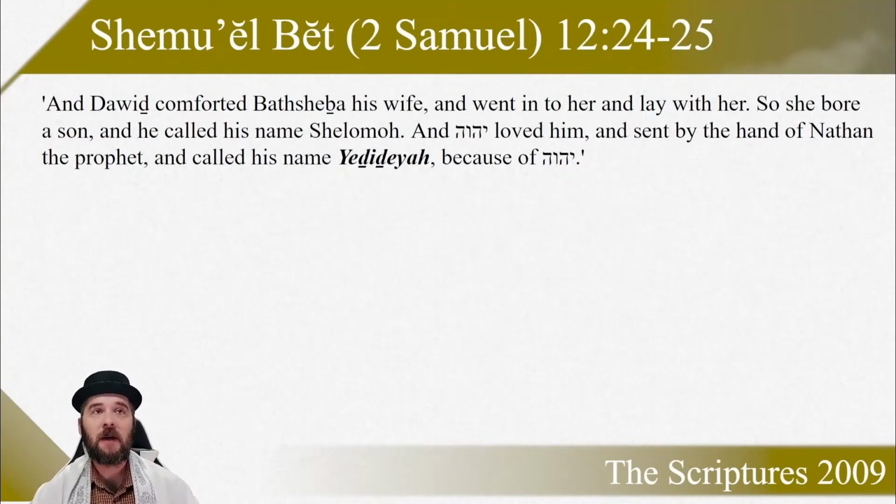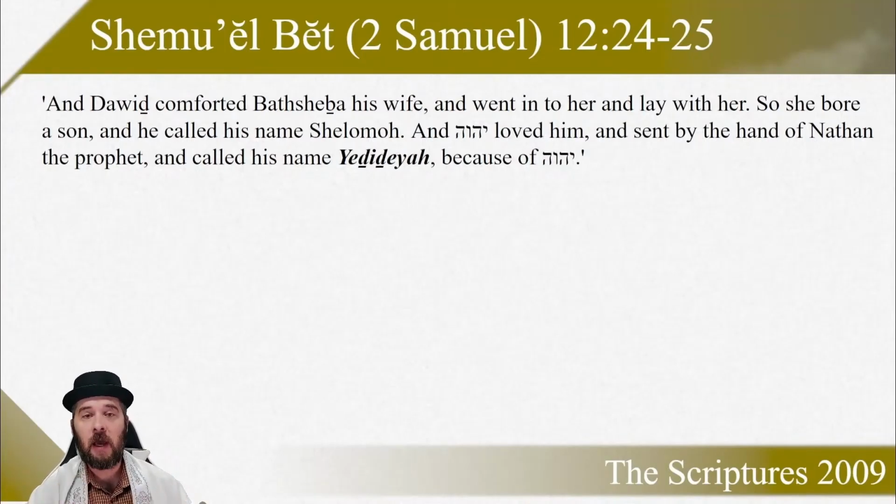So she bore him a son, and he called his name Shlomo. And Yahweh loved him, and sent by the hand of Nathan the prophet, and called his name Yedidiah, because of Yahweh."